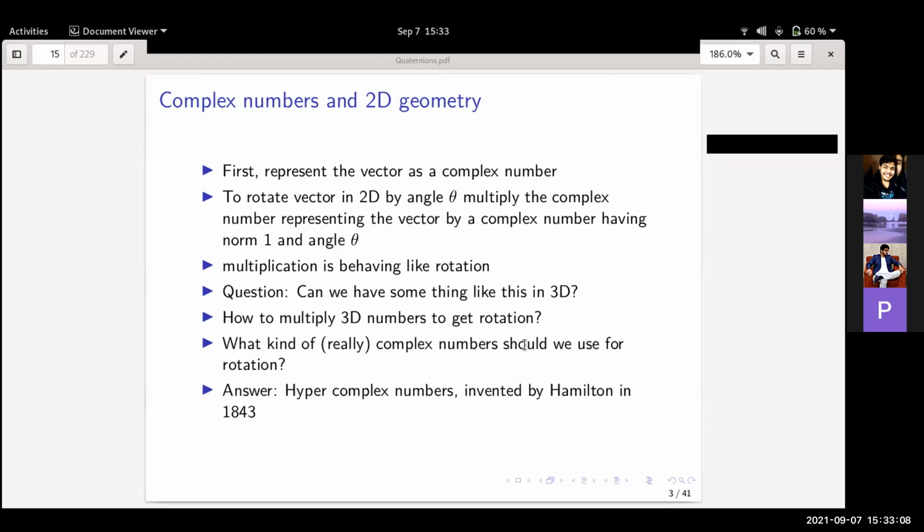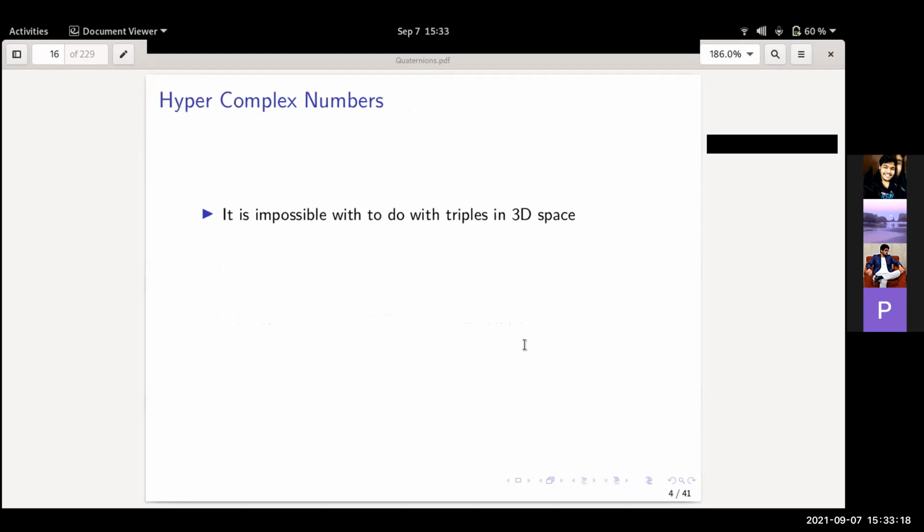The answer is hypercomplex numbers, which were invented by Hamilton in approximately 1843. Here, what he found out was that it is impossible to do with triplets. That means you can never define a multiplication operation which can consistently behave like your complex number.